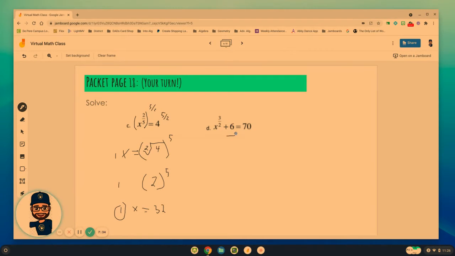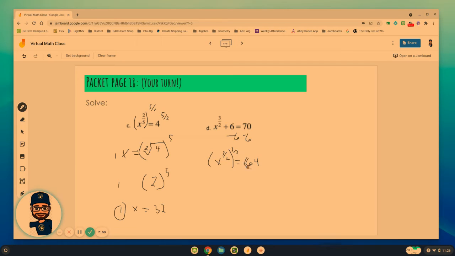Letter D, we got to subtract 6 first, and we get x to the 3/2 equals, that's 64. We're going to raise this to the power of 2/3.